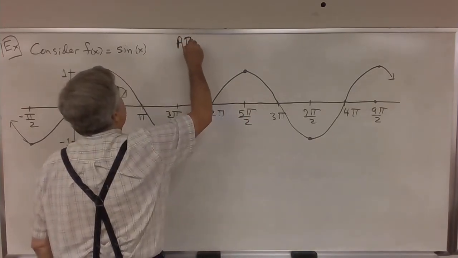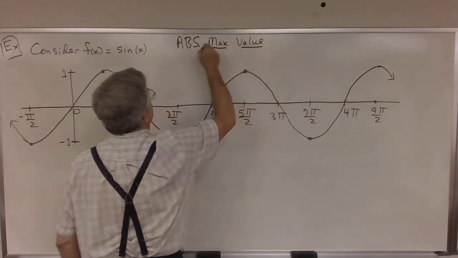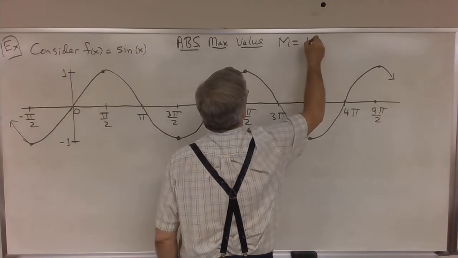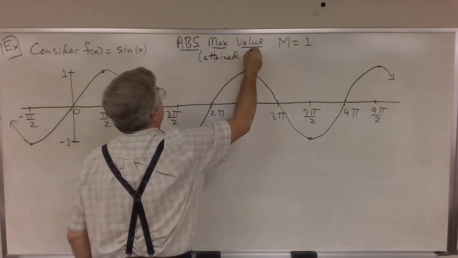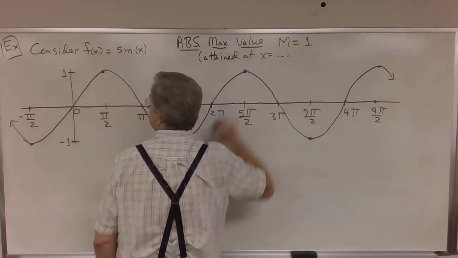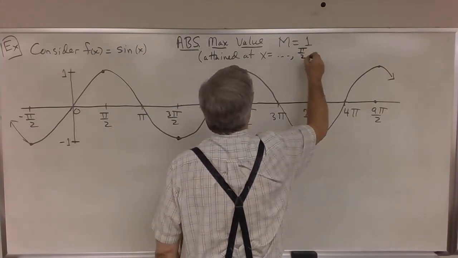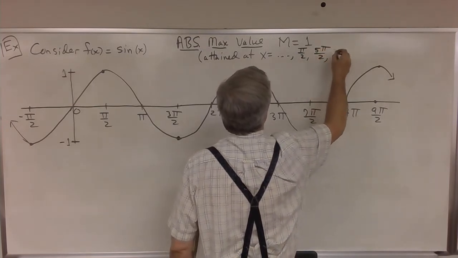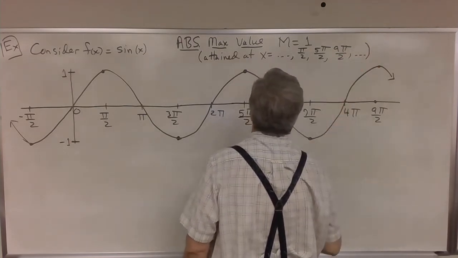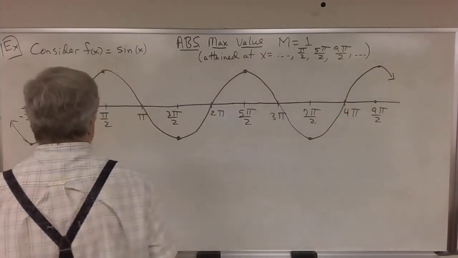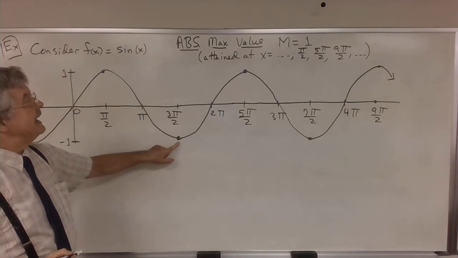So absolute max value, capital M equals 1, and we'll note that it's attained at x equal ... pi over 2, 5 pi over 2, 9 pi over 2, an absolute minimum value, -1.